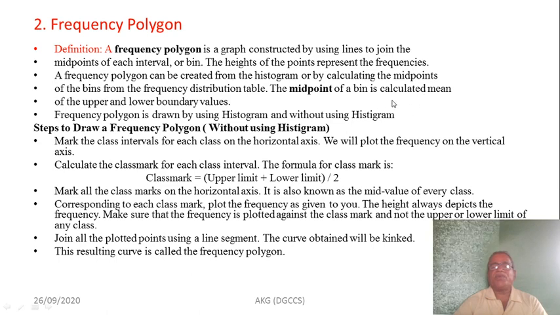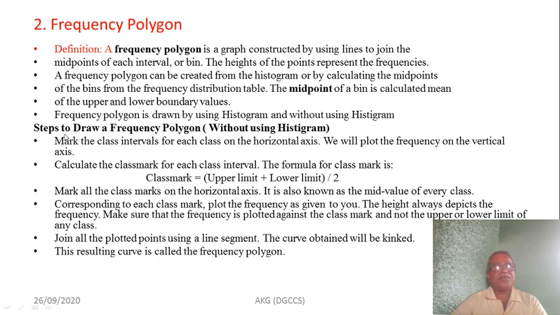The midpoint of a bin is the mean of the upper and lower boundary values. Here we want to draw a polygon. If the histogram is there, then it is not necessary to prepare a column of midpoints. But if the histogram is not drawn first, then the midpoint column must be prepared in an observation table.